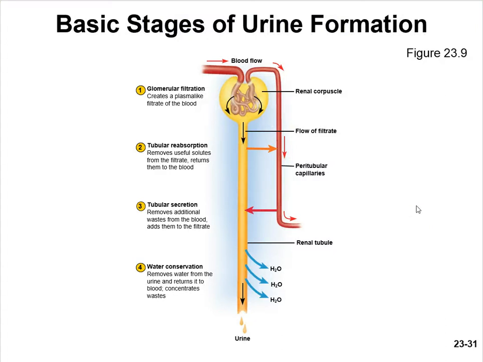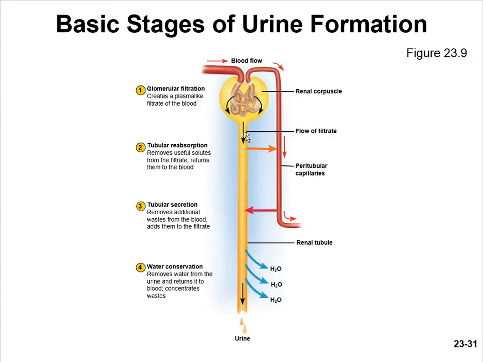Here are the basic stages of urine formation. Number 1, in the renal corpuscle, this is the capsule, we can find the glomerulus in there. It filters our blood and creates a plasma-like filtrate. Then it goes into the proximal convoluted tubule.